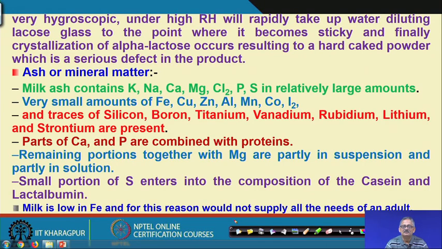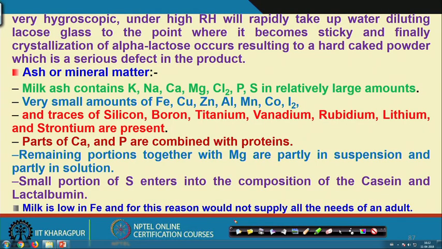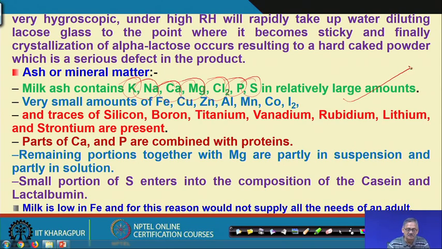Okay. Then the other things which are present in milk are the ash or mineral matter, that is how it is expressed, but subsequently you will see that the mineral contents are not the ash content, right. However, milk ash contains sodium, potassium, calcium, magnesium, chloride, phosphorus, sulfur, and these are in relatively large quantity.